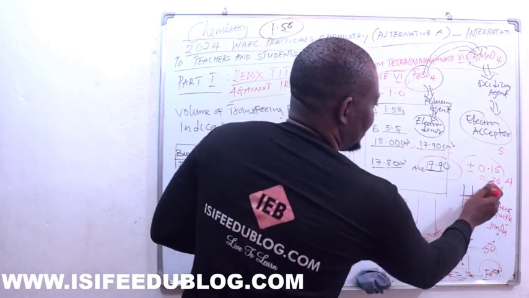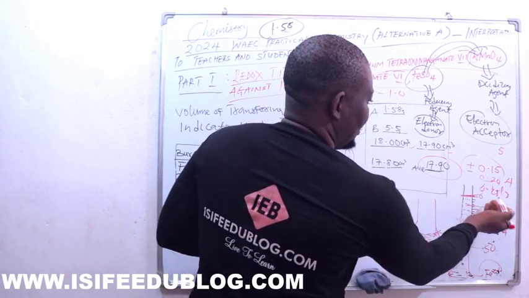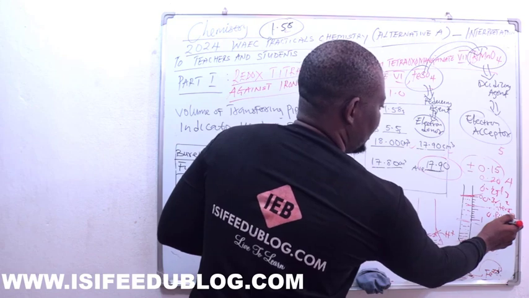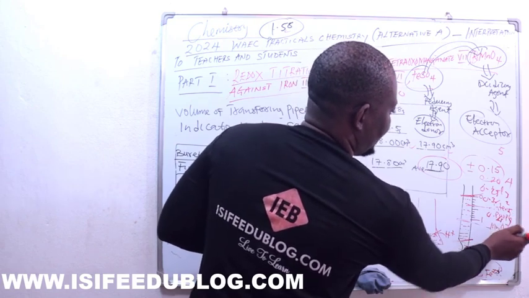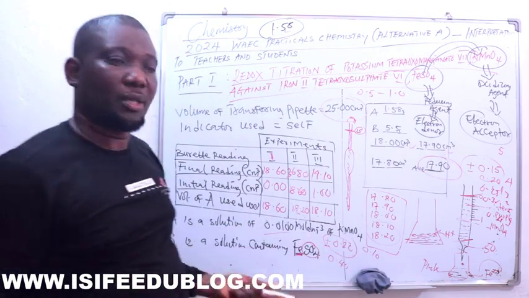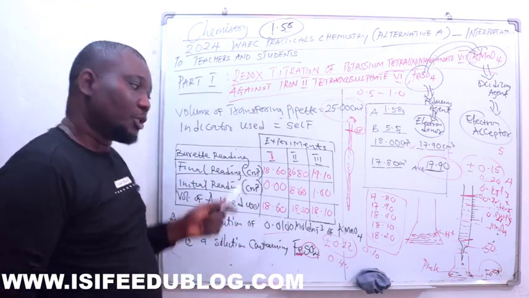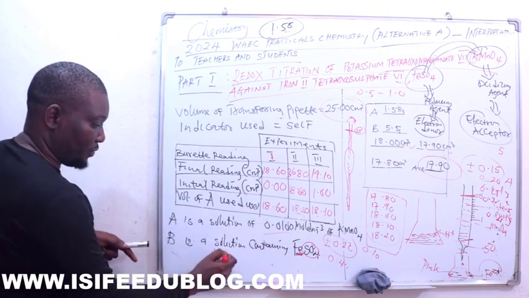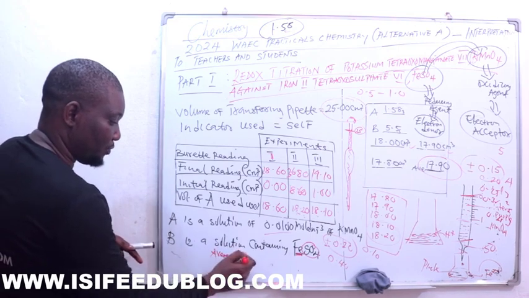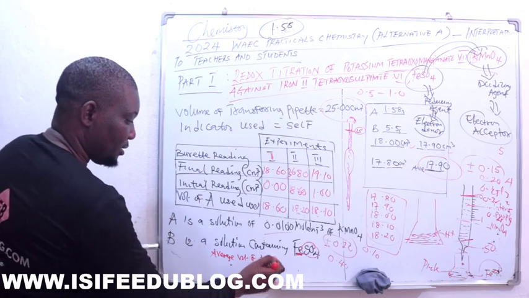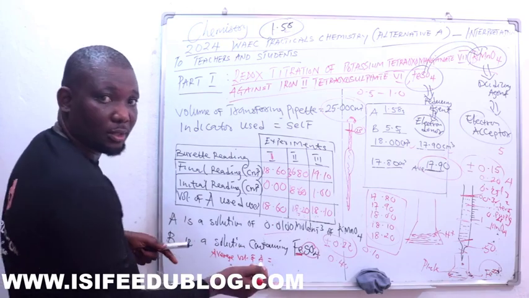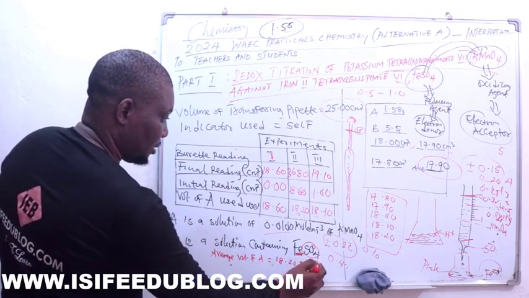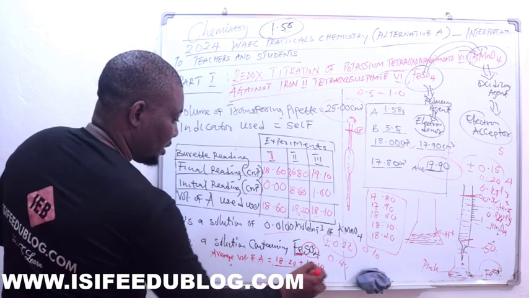Or yours is 0.25, it's 3 marks. Yours is 0.37, it's 2 marks. 0.45, 1 mark. And then people can end up scoring 0. That's what they have. So for mine, I have to check. My average volume of A: 18.20 plus 18.10 divided by 2.